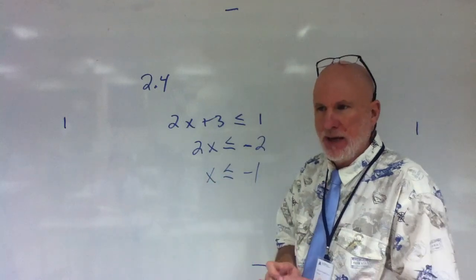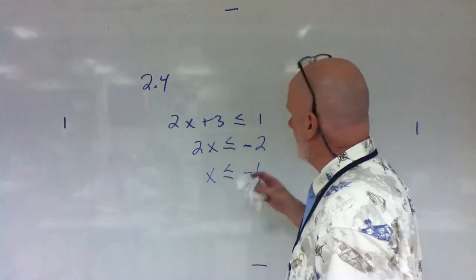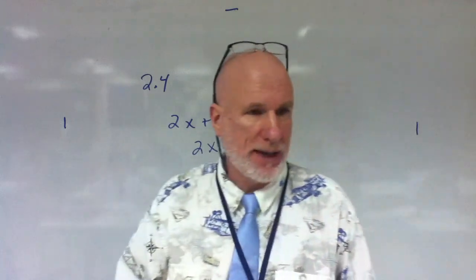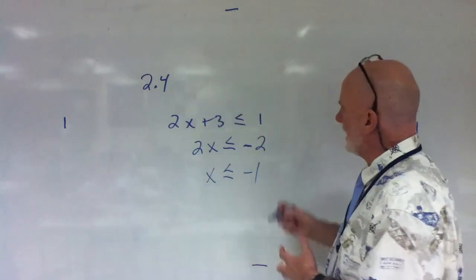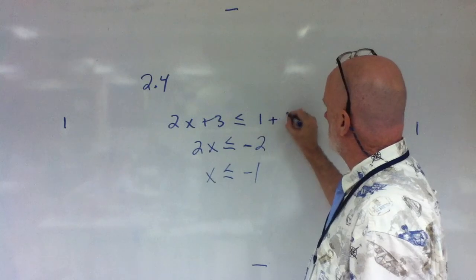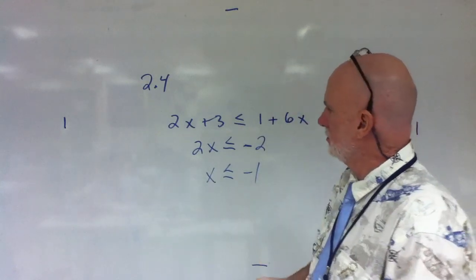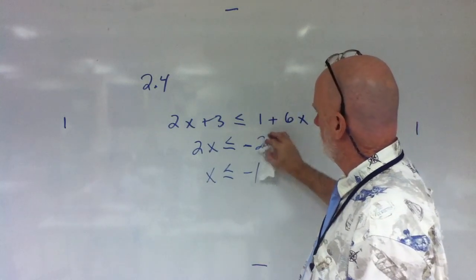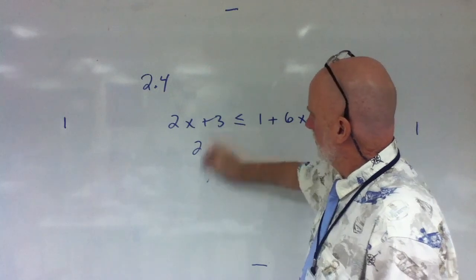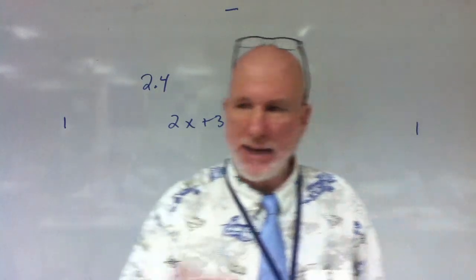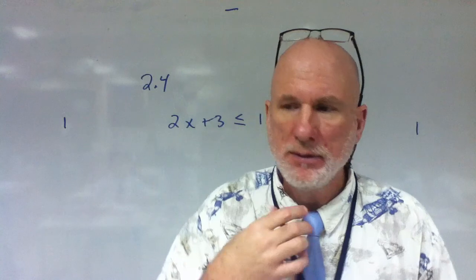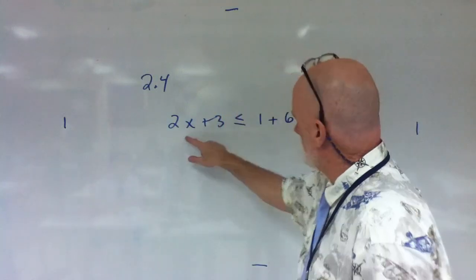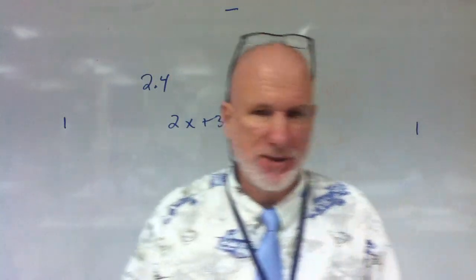That's easy, right? Now, section 5, let's make it a little bit more complicated. Let's say this is going to be plus 6x. Do that at your seats right now. Solve that and see what you get.